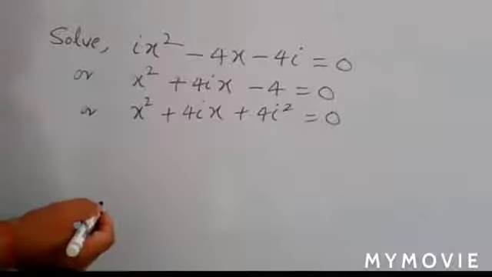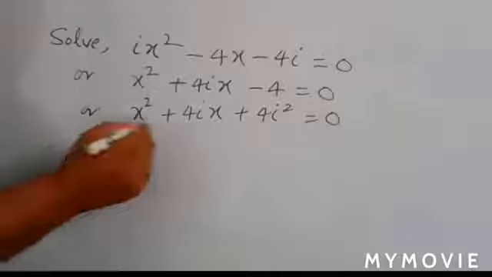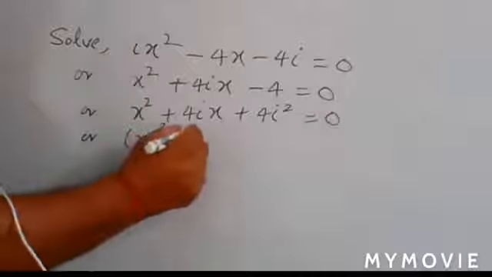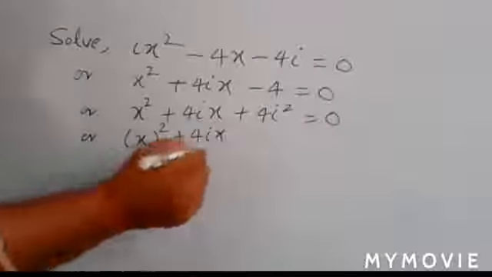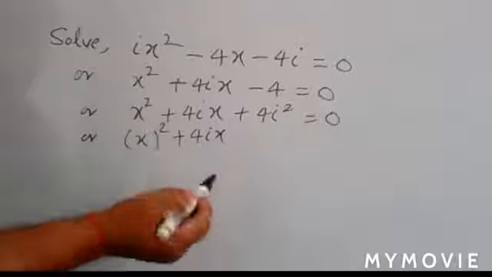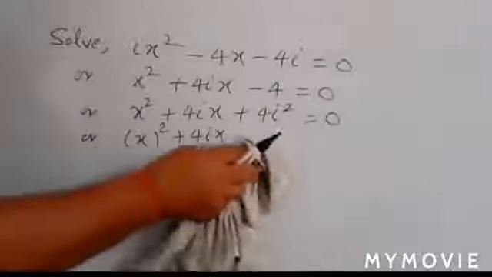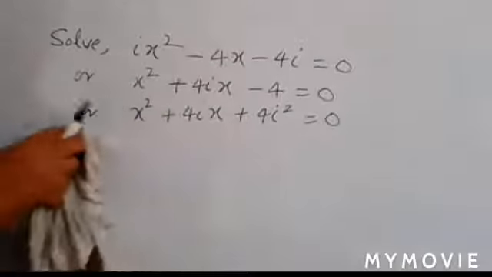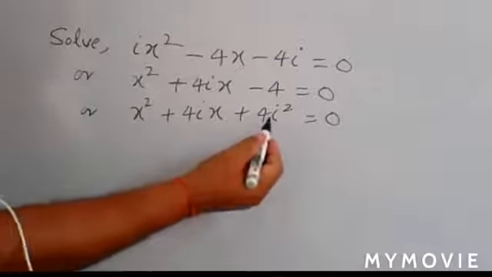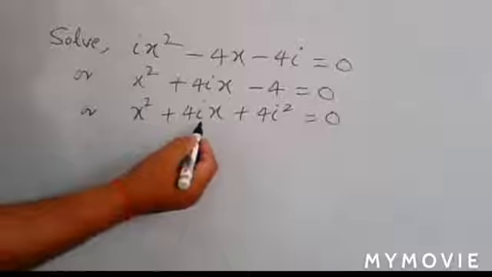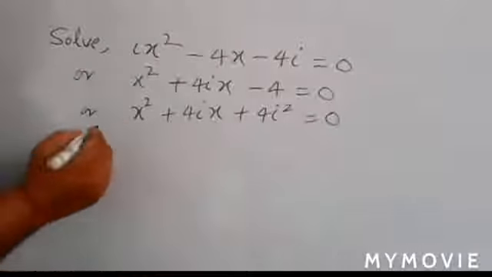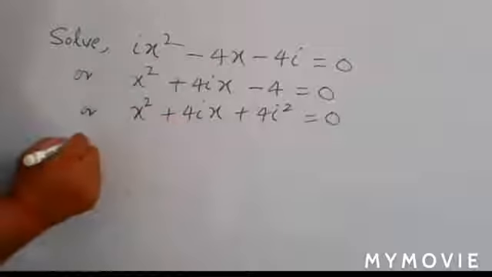Your middle term is 4ix, or you can solve it by splitting the middle term. If you want to solve it by splitting the middle term, you have to take the factors of 4i square in such a way that their sum becomes 4ix. So 2 and 2.